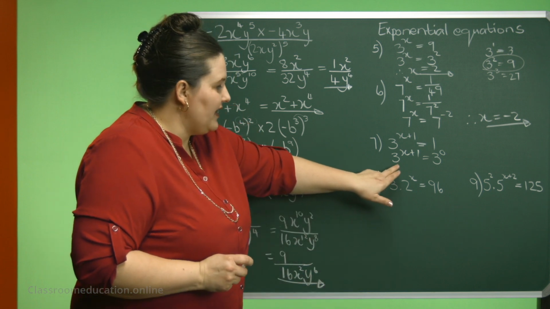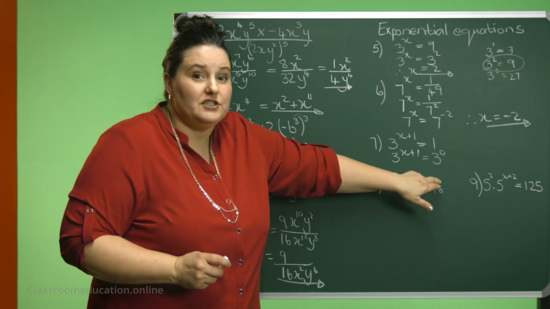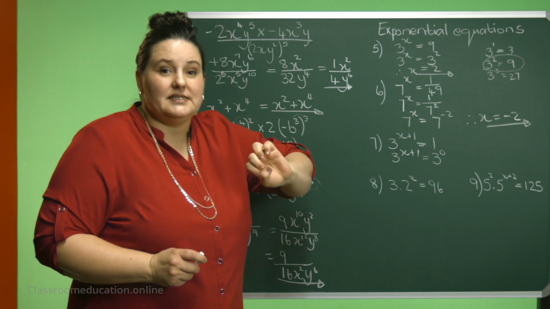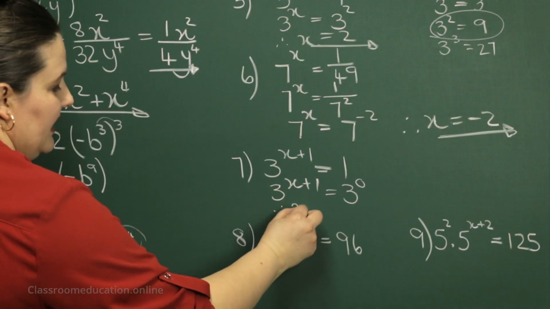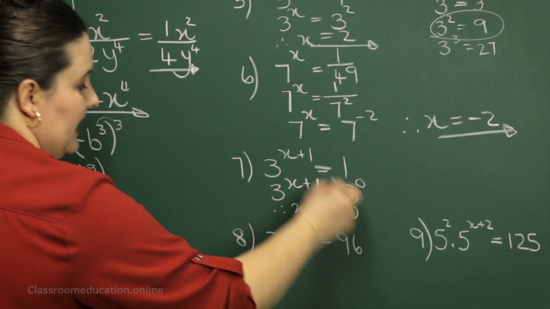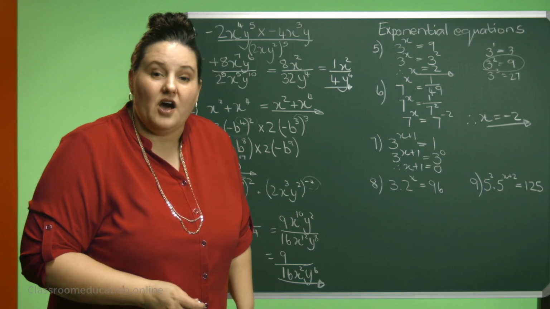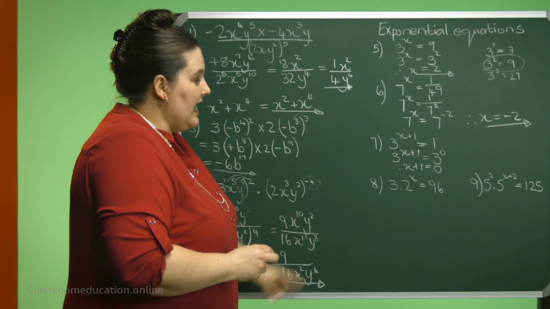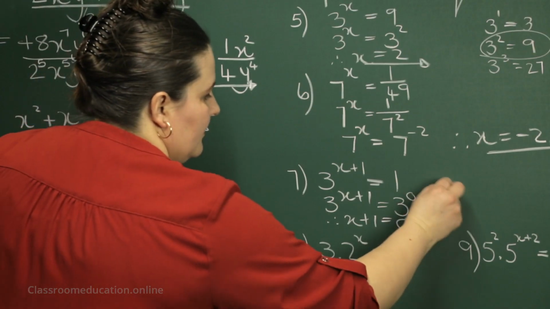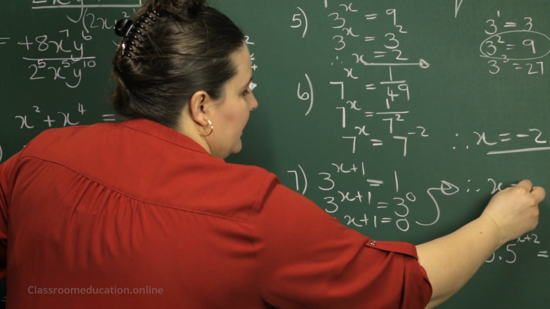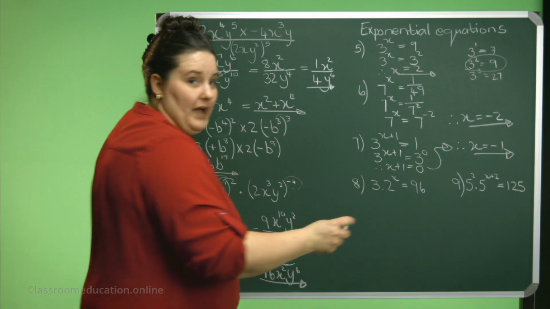Right, so I have now one term on the left-hand side, one term on the right. My bases are the same. I can leave them out and just say, you know what? x plus 1 is 0. And what will be the value of x? x will be -1. Thus, x will be negative 1.